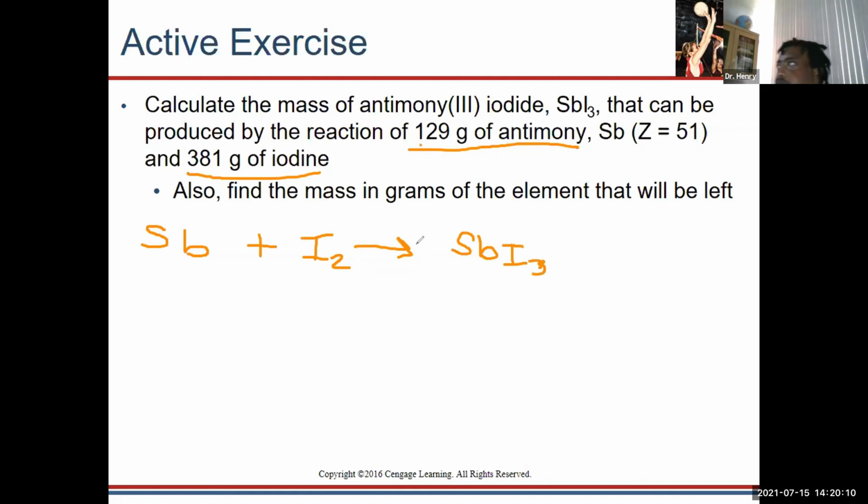No. What do I need to do to balance it? Piece of cake? Okay, so we have a balanced chemical equation.